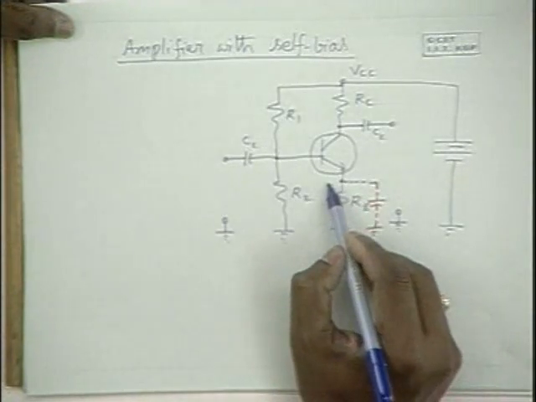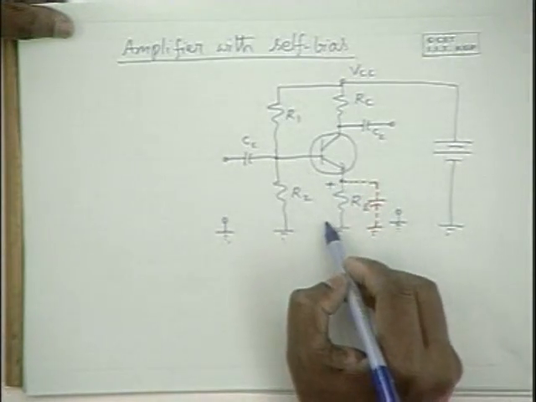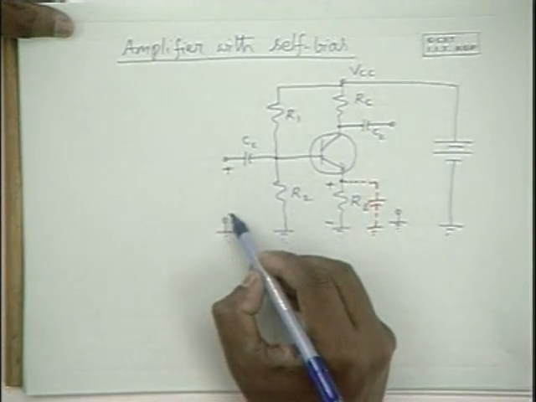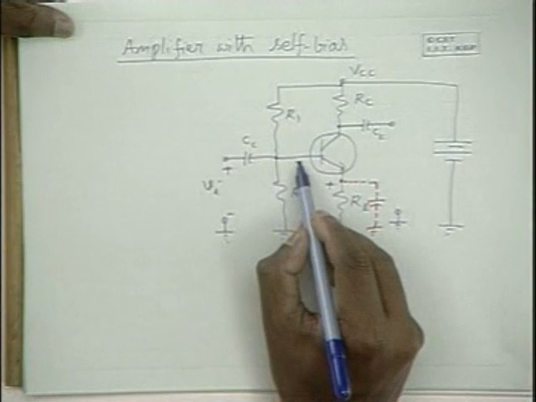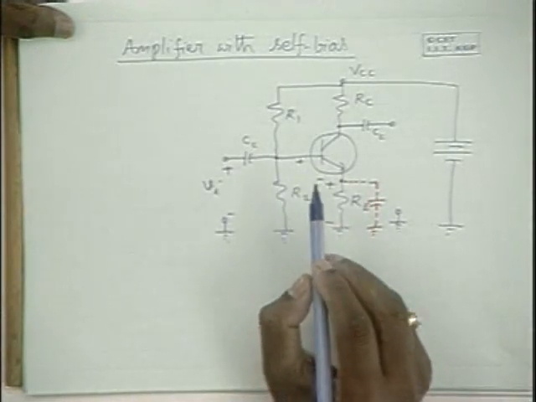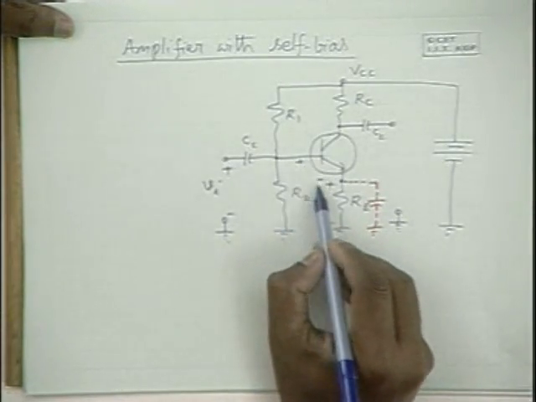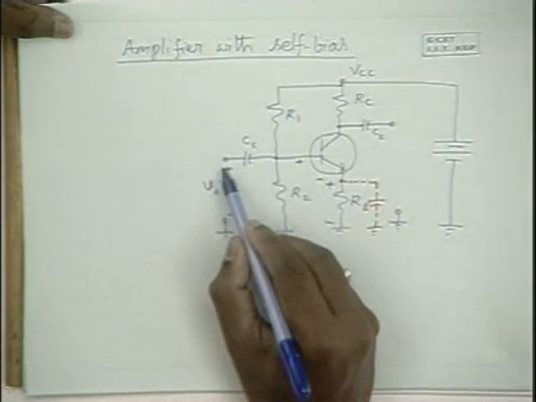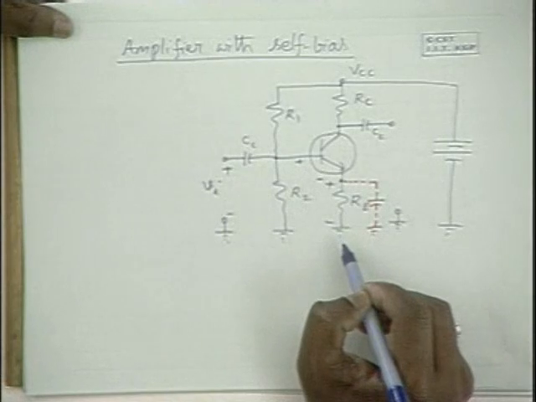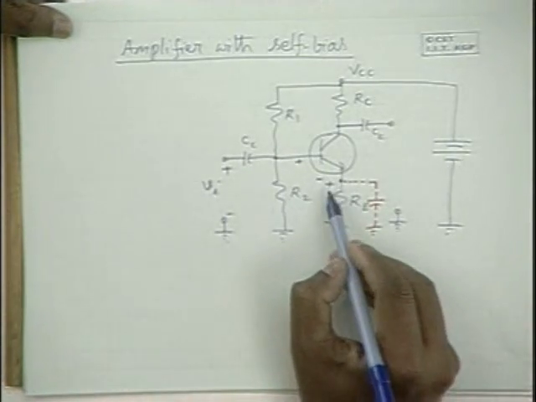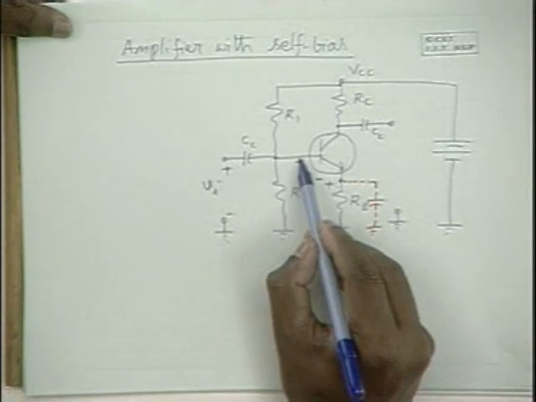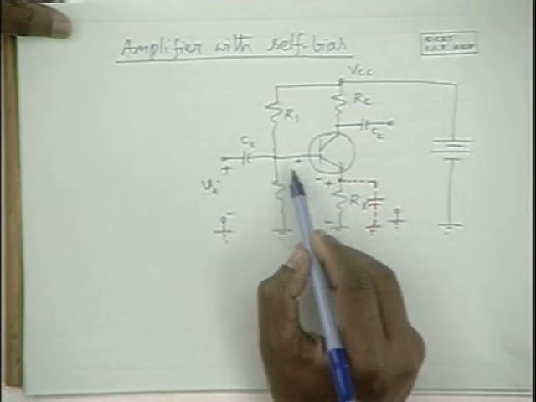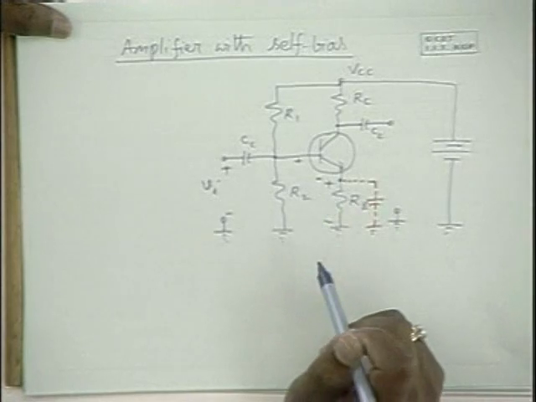And this voltage drop here is effectively decreasing the input voltage that is applied across the base to emitter junction. You see this signal which is applied across base to emitter is equal to this voltage minus this voltage. Therefore, this drop is effectively reducing this voltage, and only a small fraction of it is being applied to the base emitter junction here.